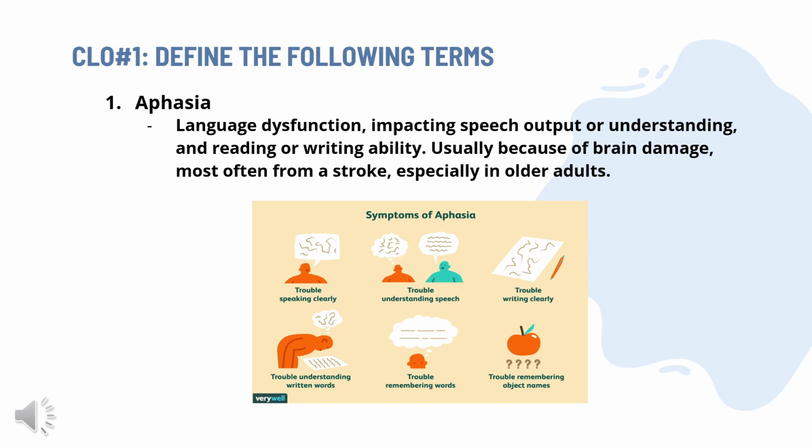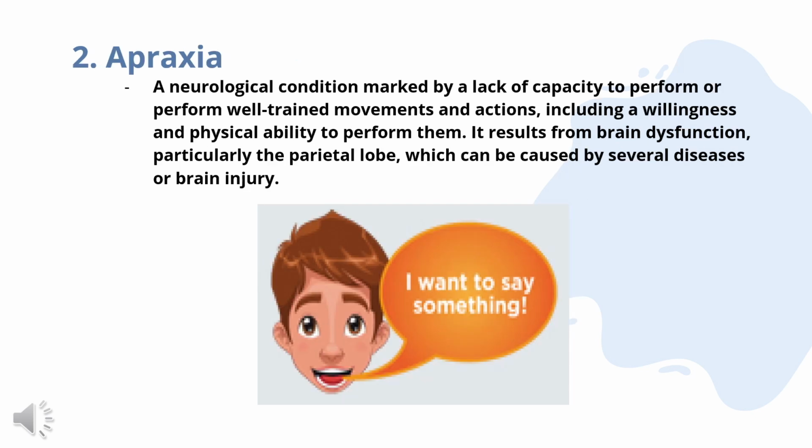So here are the symptoms of aphasia. We have trouble speaking clearly, trouble understanding speech, trouble in writing clearly, trouble understanding written words, trouble remembering words, and remembering object names.